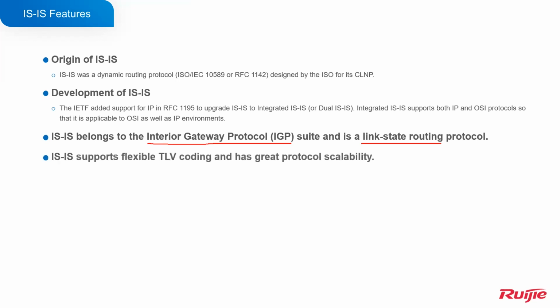Another feature is that this protocol supports flexible TLV coding and has great protocol scalability. What's the meaning of this? If you want ISIS to transfer more information in your network, you can directly change the TLV architecture.